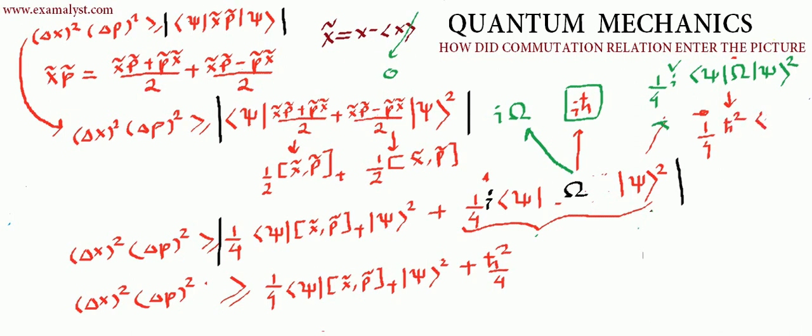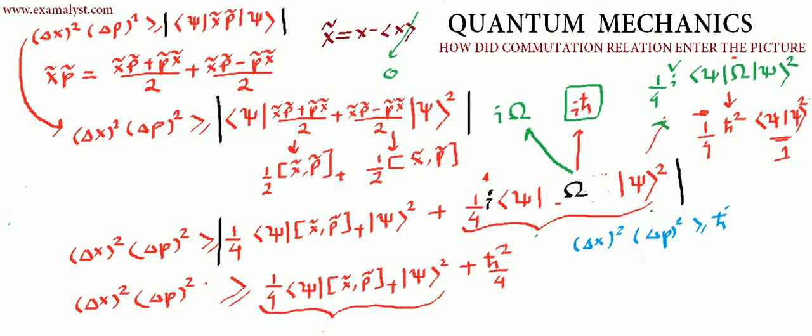And then we'll have this probability, because we know that the modulus of psi squared is nothing but probability, and we know that probability is always 1. So indirectly this part is always positive. So we can easily say that (Δx)² (Δp)² is greater than ħ²/4.